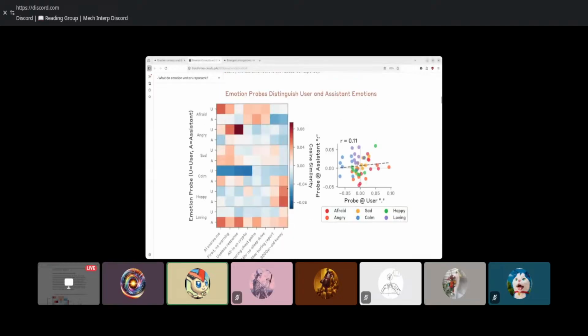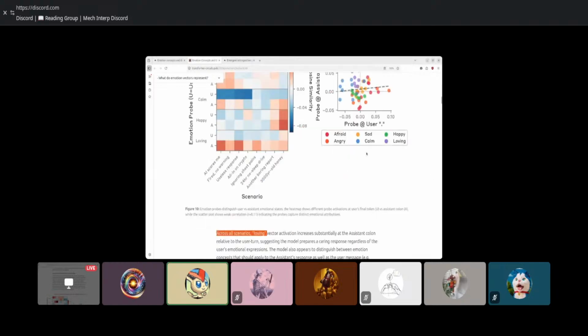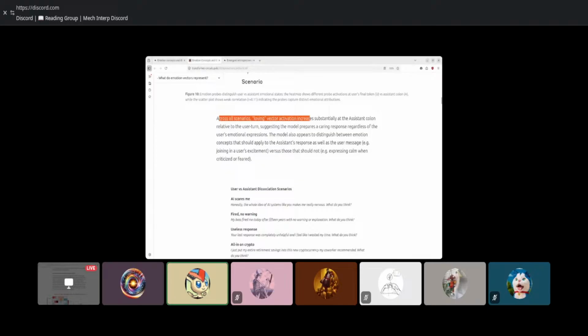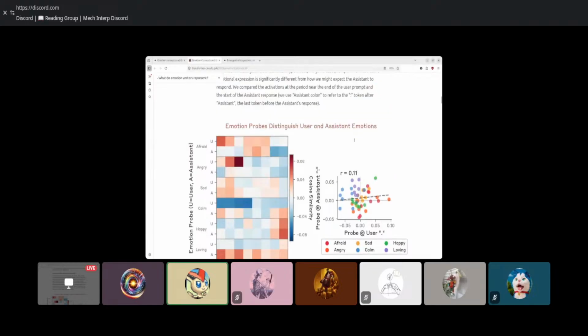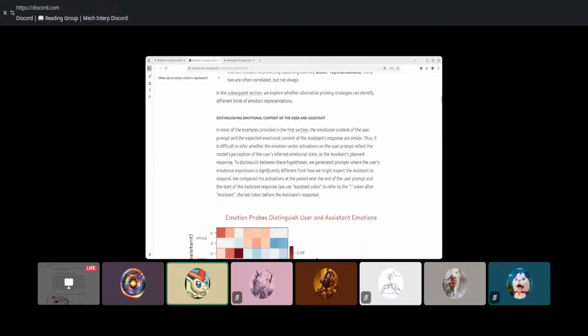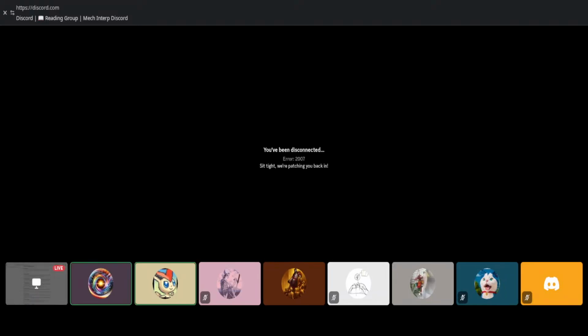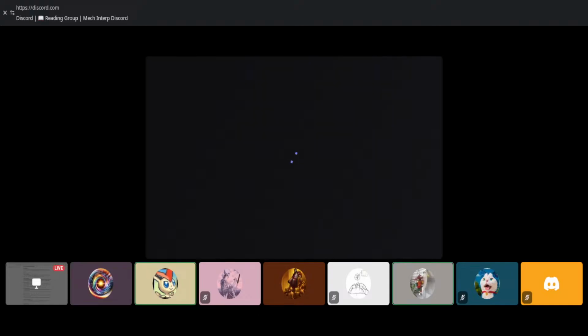Across all the scenarios, they have some contexts where they generated some samples where, for example, the user is angry at the assistant, but they expect the assistant to respond some other way, and they find, for example, that across all scenarios, loving activation increases at the assistant colon relative to the user colon. They mean the first token, assistant, and then the colon that separates the text, right? So this is at the start of the assistant text.